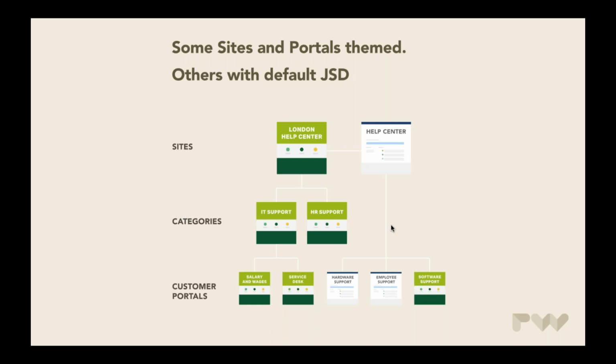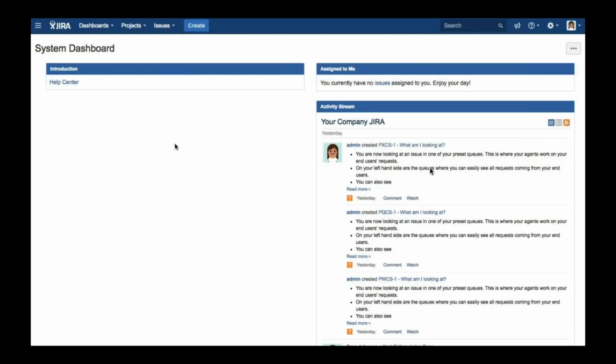But under the Help Center, we could also add a category here and theme the category. And as you can see here, we've added 3 customer portals. One of them we've decided we want to be themed, but these 2 we don't. So as long as the things that you want to look like normal Jira Service Desk sit under the Help Center, then this is possible.